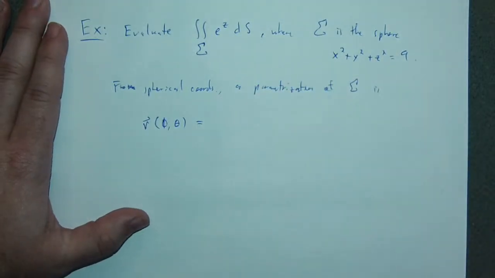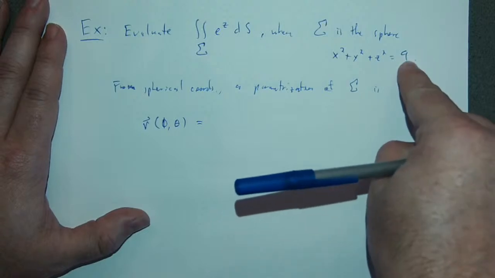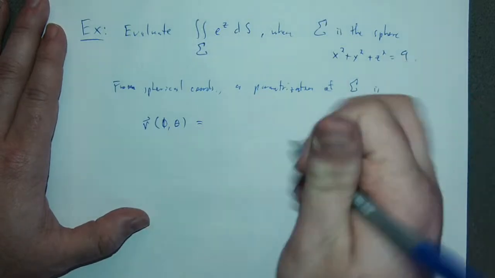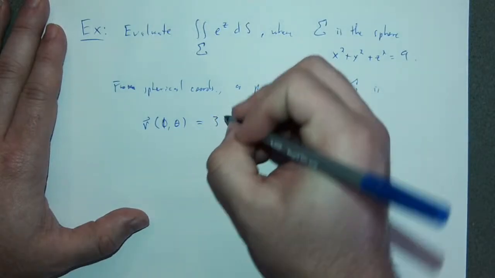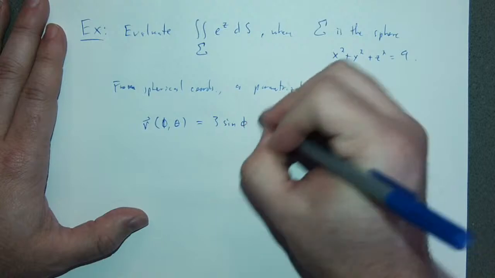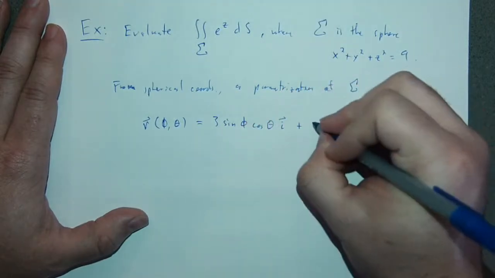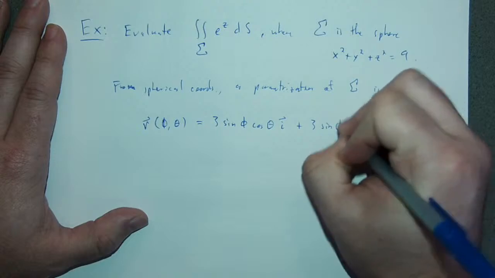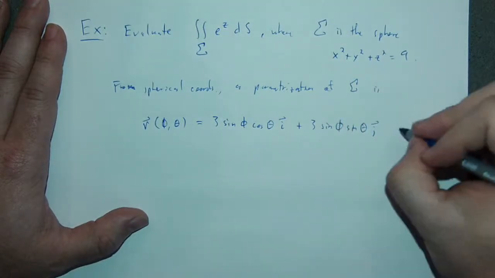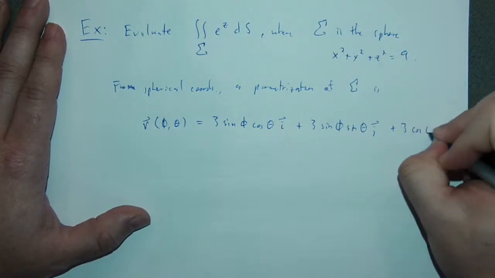And that is going to be, since rho is 3 here, the radius is 3, this is going to be 3 sine phi cosine theta i plus 3 sine phi sine theta j plus 3 cosine phi k.